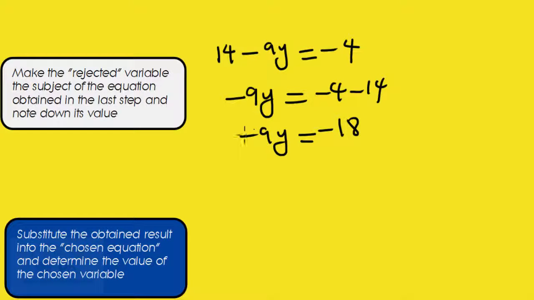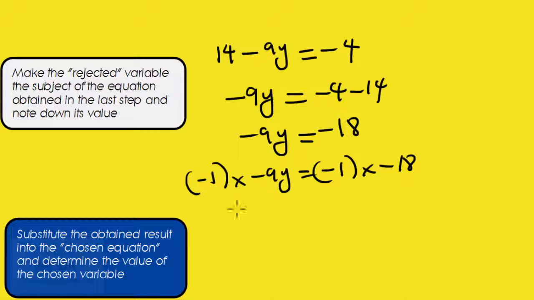That's another approach because no one really likes minus signs. It's easier to work with positive signs than minus signs in general in maths. So you can multiply through by minus 1. So minus 1 times minus 9y equals minus 1 times minus 18. Doing so gives 9y equals 18. And now I can just make y the subject by dividing through by 9.